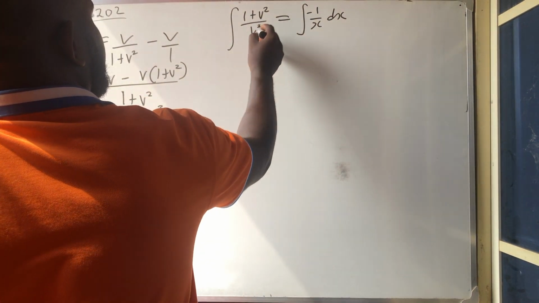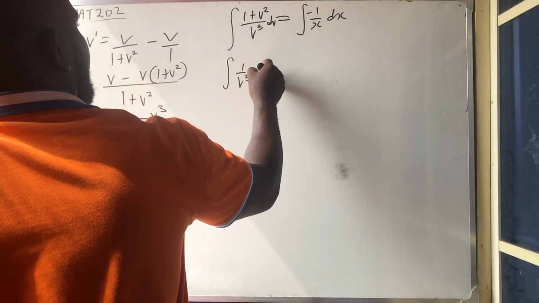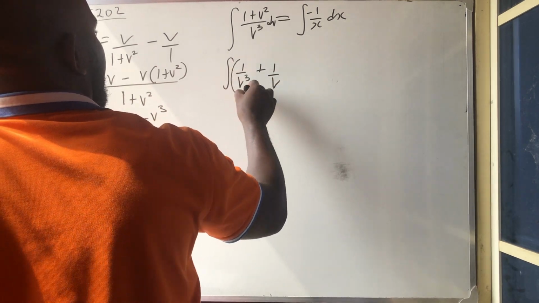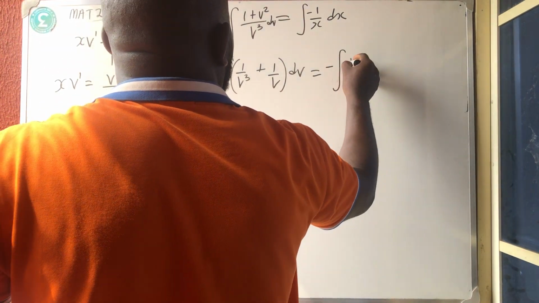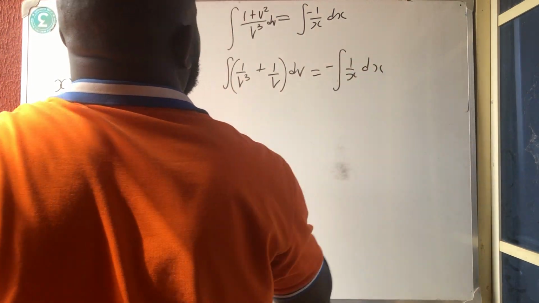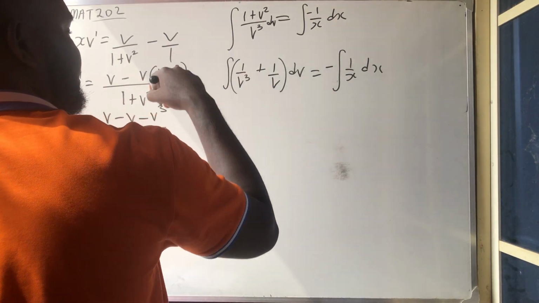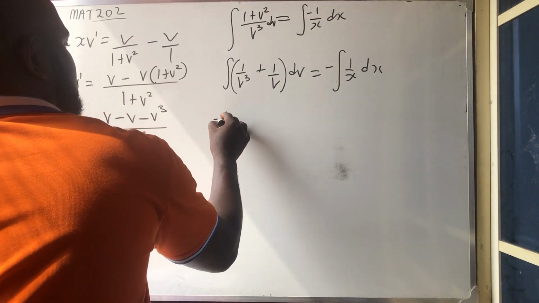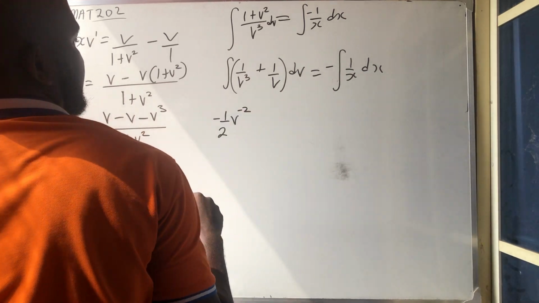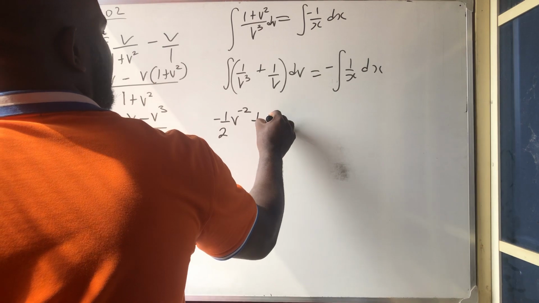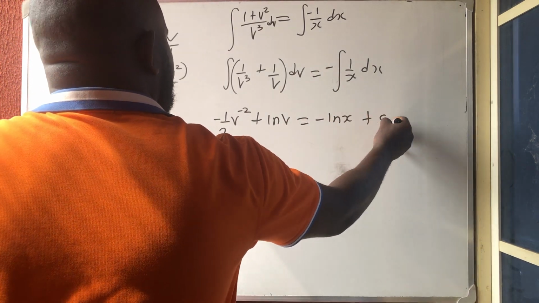So let me separate this: the integral of 1 over v cube plus 1 over v, everything dv, is equal to minus the integral of 1 over x dx. So this one is giving me v raised to power minus 3, so it will now be minus 1 over 2 v raised to power minus 2. Check it out yourself. Plus ln v is equal to minus ln x plus a constant.